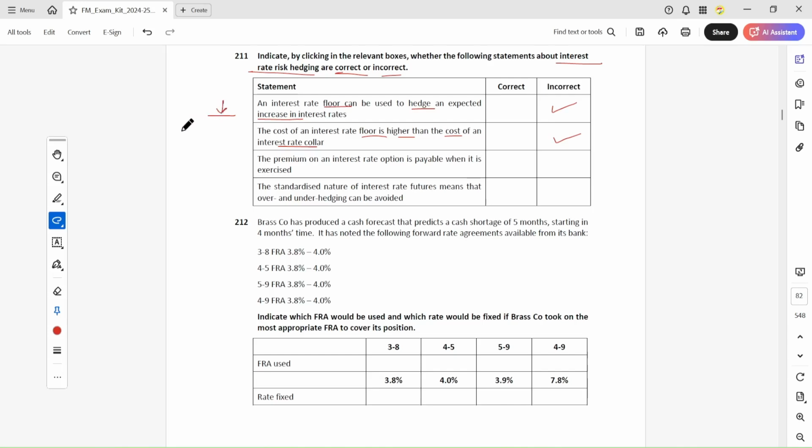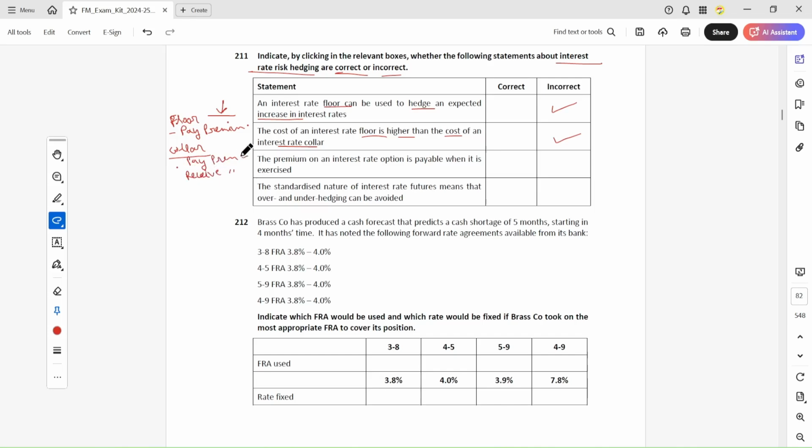In floor we pay premium for buying the floor, but in collar we pay premium but at the same time we receive premium as well.